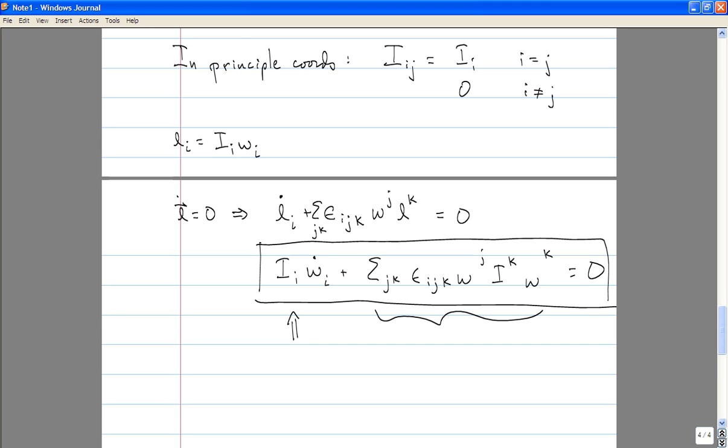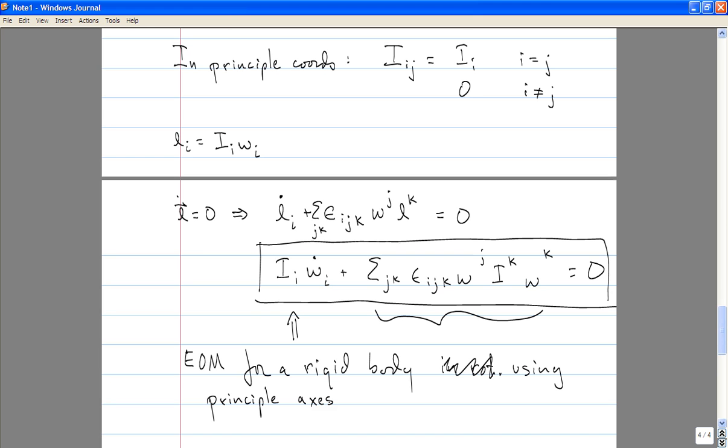So this is the equation of motion for a rigid body in the rotating coordinate system using the principal axes. Now, there are 3 such equations, because I have not summed over I here. There's one equation for each value of I.